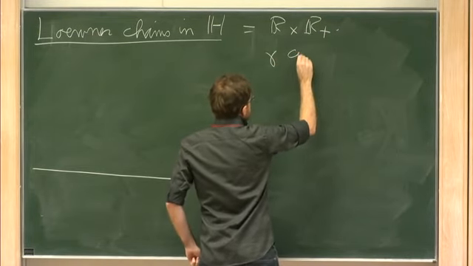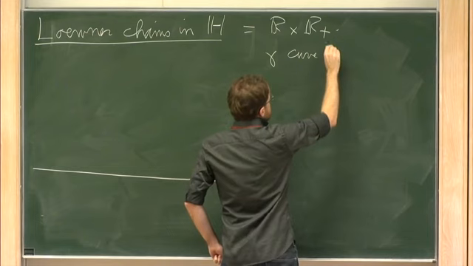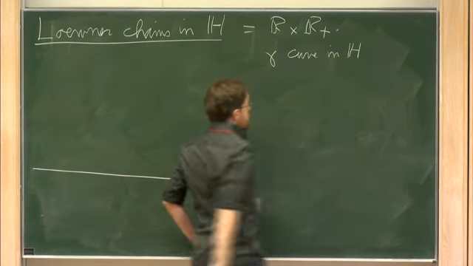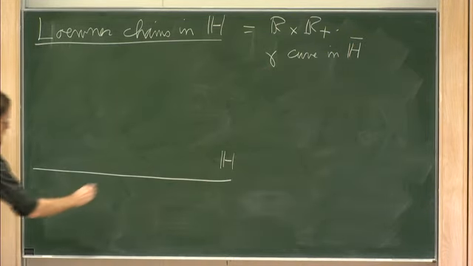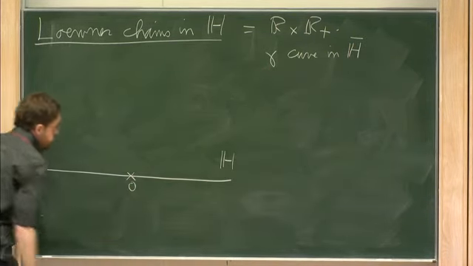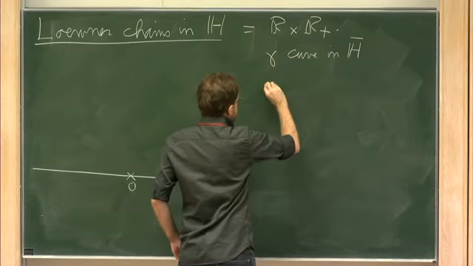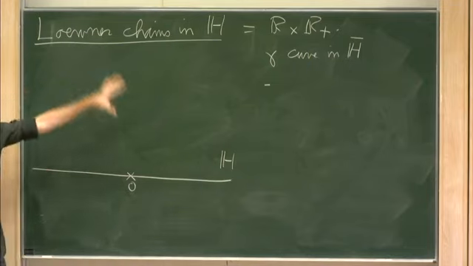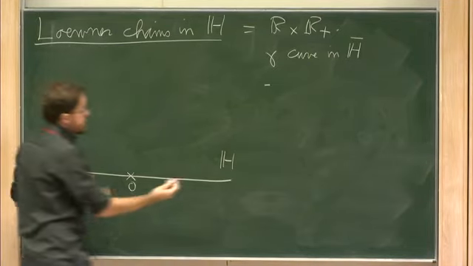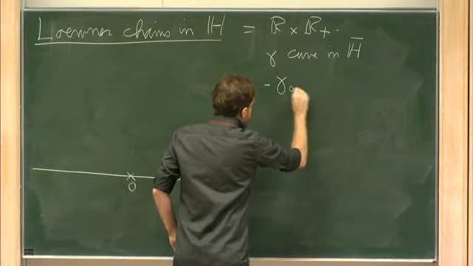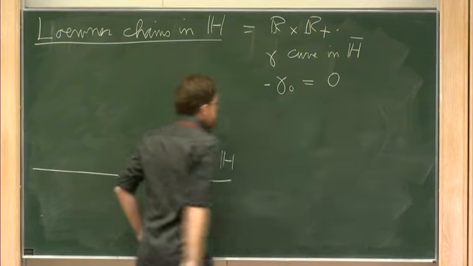So gamma is a curve in H bar. So it's allowed to touch the boundary. It starts here. So let me list a few features of gamma that we will assume just to make the picture easy. So we are assuming that gamma 0 is 0.